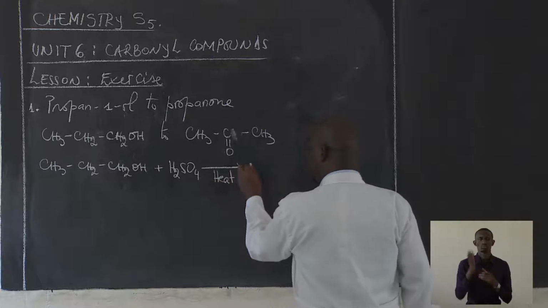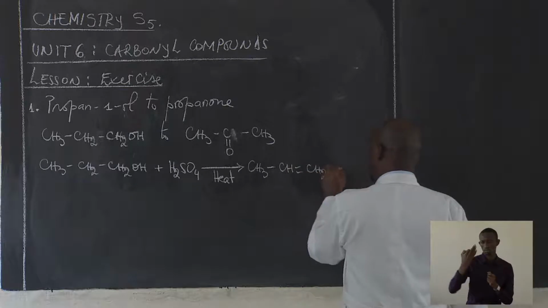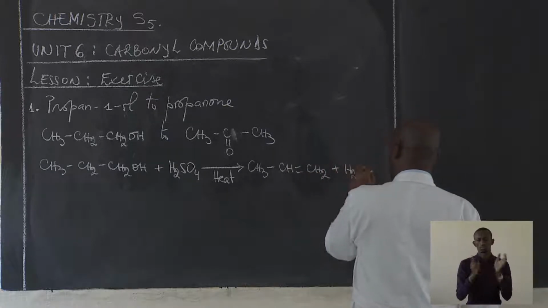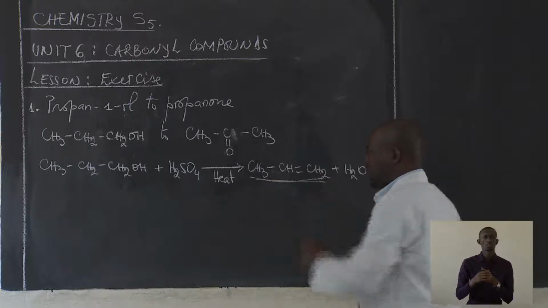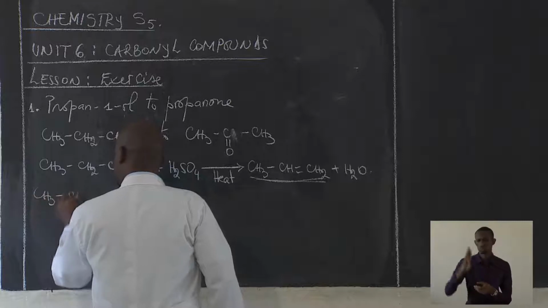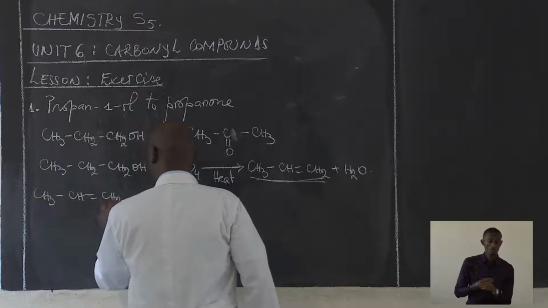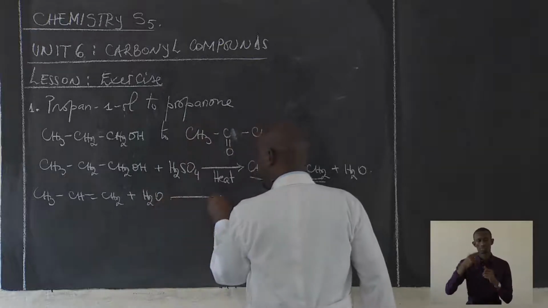What do we produce? We produce CH3CH=CH2 plus H2O. So we have the alkene with a double bond. And from the double bond, CH3CH=CH2, if we add water again, what do we get?